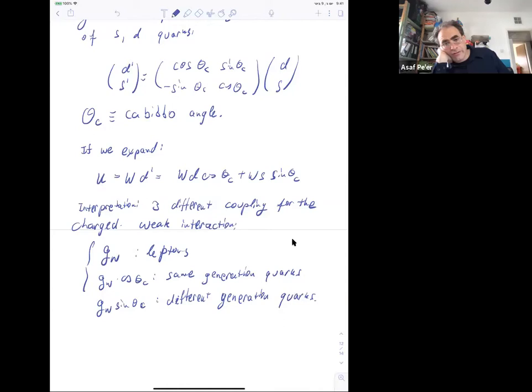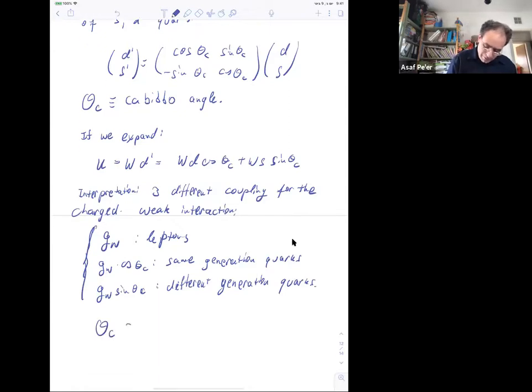Now, theta Cabibbo you can find experimentally by measuring the coupling constant between quarks of the same generation, the up and down quark, versus different generations, such as the S and the up, right? So theta Cabibbo is about 14 degrees. This is an experimental result.